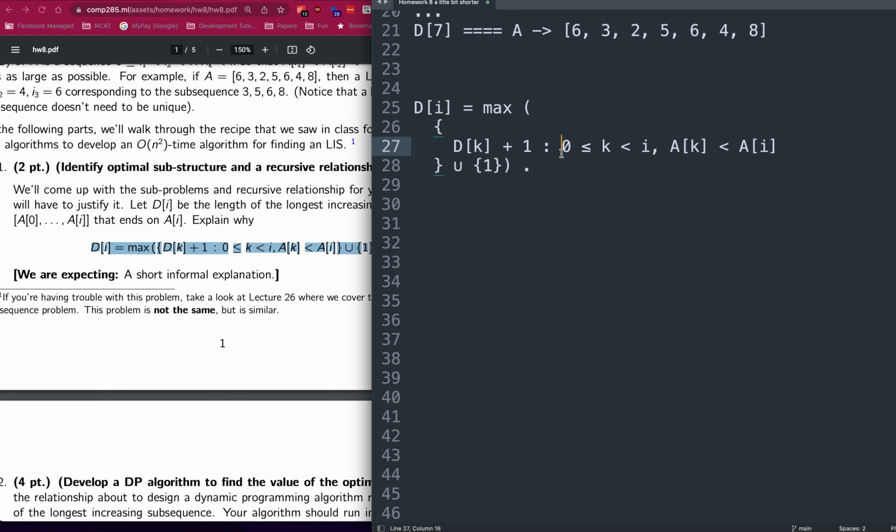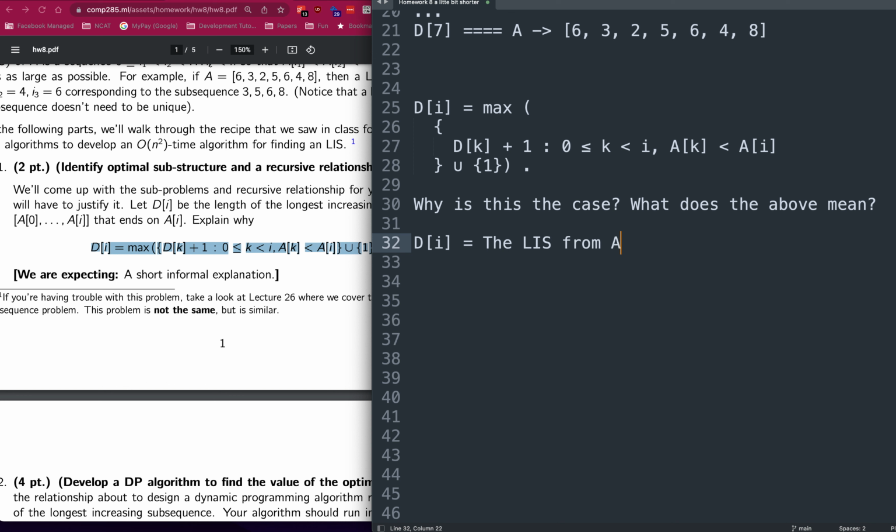So what I want you to do is explain why this is the case. What does the above mean? Give a short informal description of why it makes sense. So this di is saying the longest increasing subsequence, the LIS, from A0 to i is di.